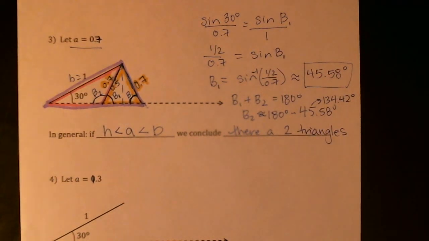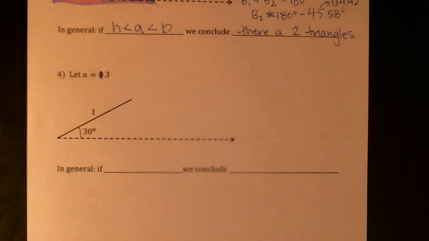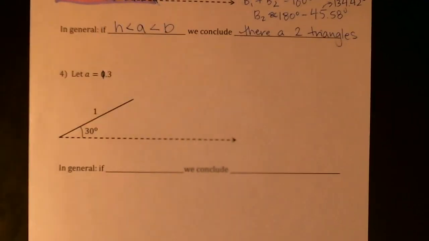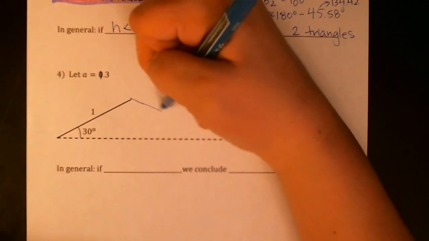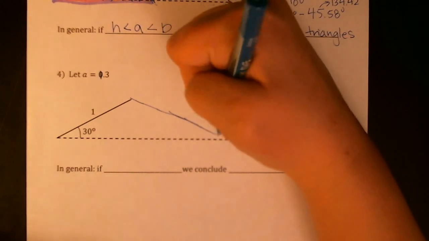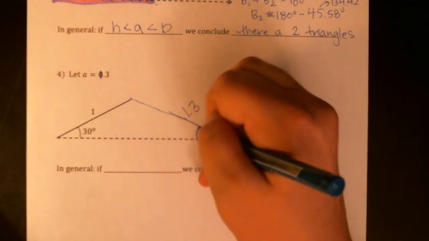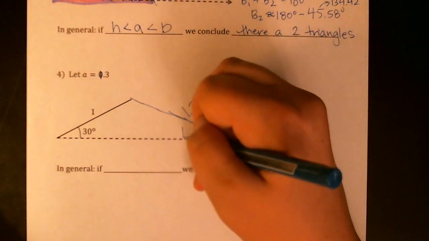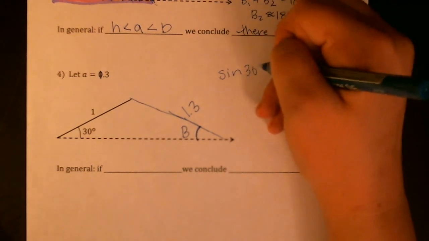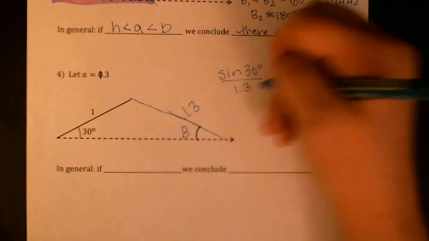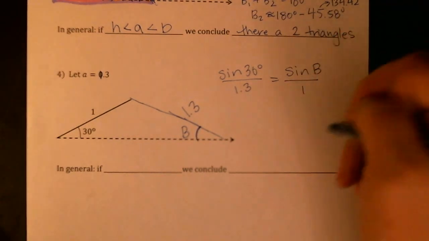Okay, so last one, and it's not a weird one. That was the weird one. So the no triangles and the two triangles are our weird ones. The last one is what we were just talking about. If the opposite side is longer than that adjacent side, it has to stick out this direction. So it's definitely looking like we only have one triangle. And our law of sines will say that sine of 30 over 1.3 should equal sine of B over 1.